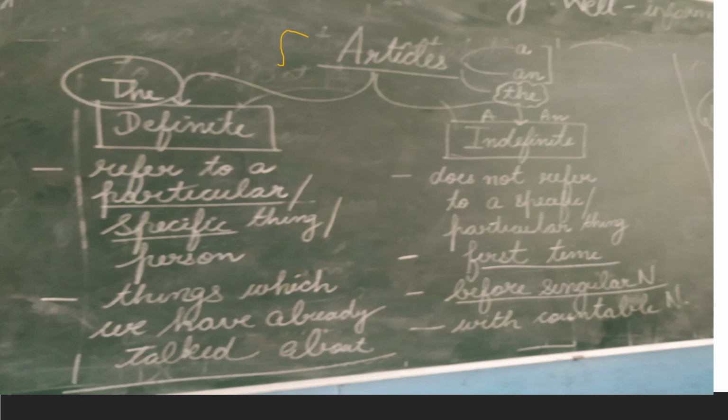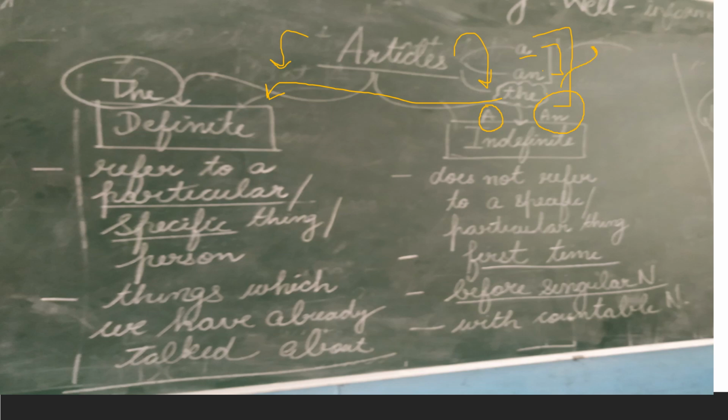Articles are of two types, definite and indefinite articles. We have three articles: a, an and the. A and an are the indefinite articles, whereas the is the definite article. A is used when we have a consonant sound, and an is used when we have a vowel sound. So you need to be careful.